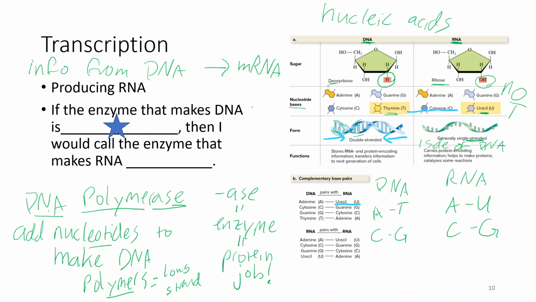So this question in iClicker: the enzyme that makes DNA is DNA polymerase. So the enzyme that makes RNA would be what? It makes RNA, and it's an enzyme, so it ends in -ase.